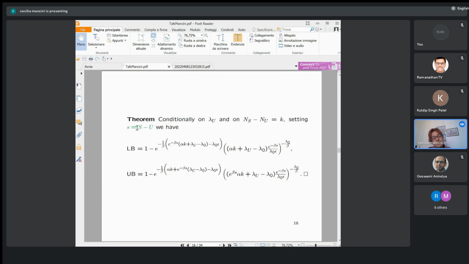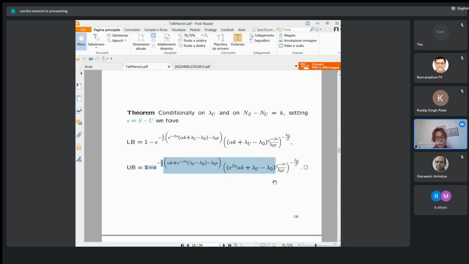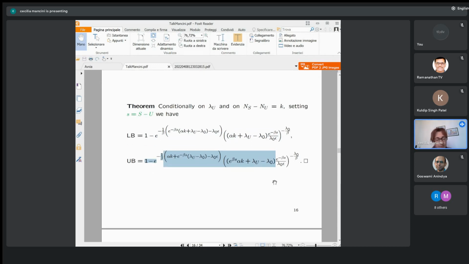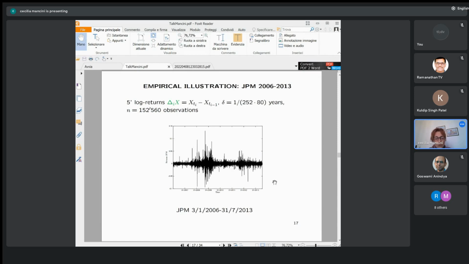We call small s the length of the interval between U and S. A lower bound for the probability of our interest is this quantity here. The upper bound we found is this quantity here. This is explicit. It seems complicated, but it is applicable.